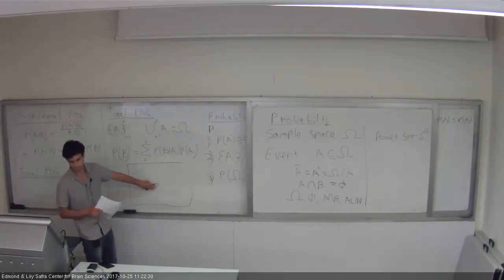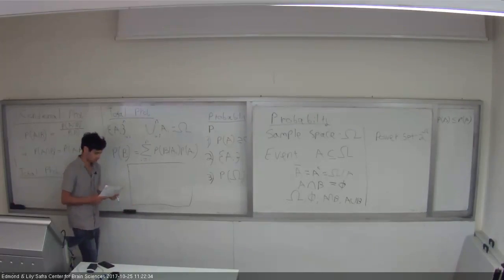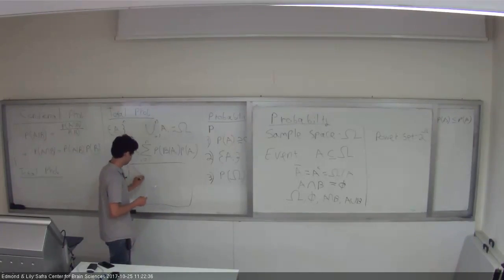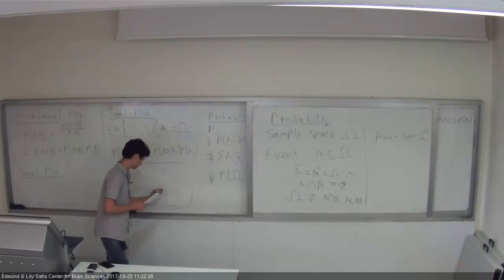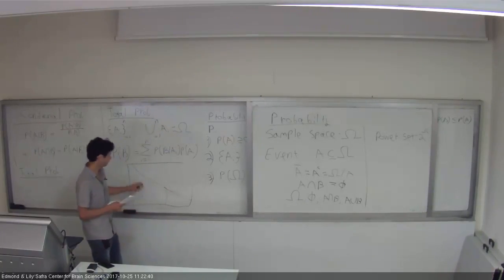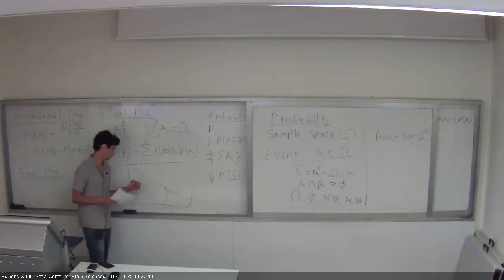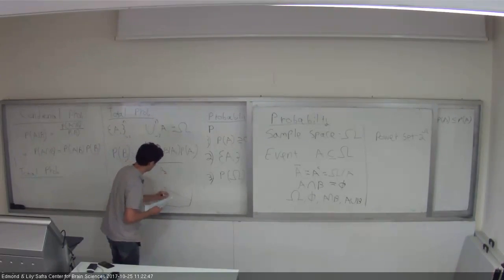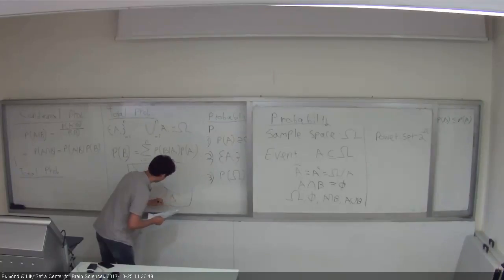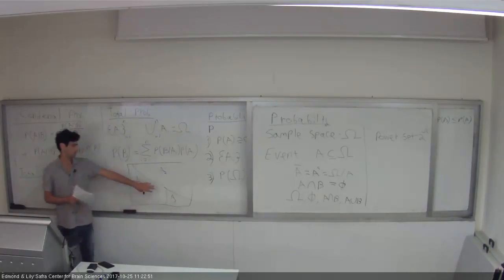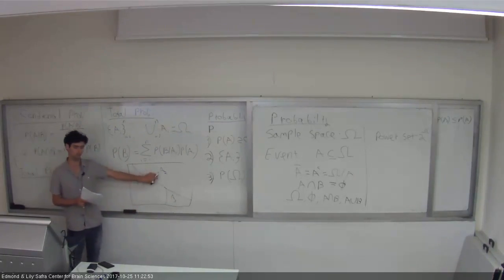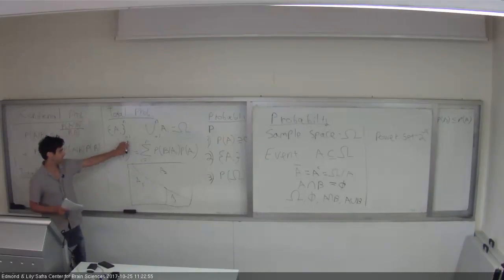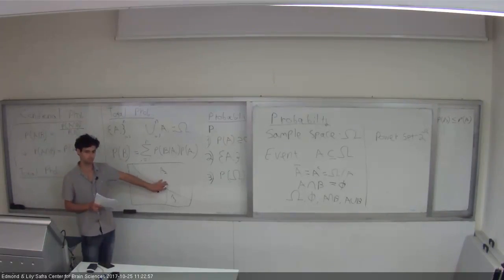can you see it? Okay. So, for example, this is our sample space. This is A1, this is A2, and this is A3. So all the Ai describe the sample space.